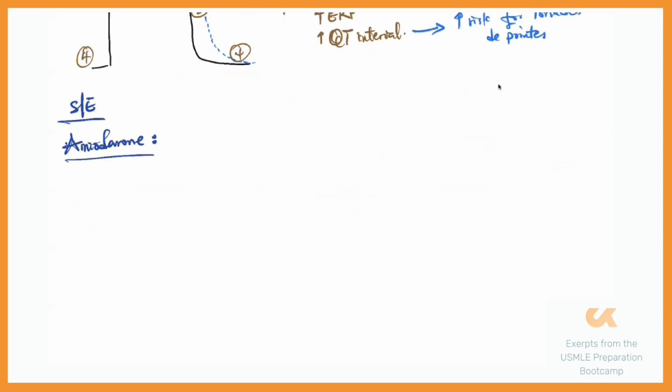When you look at the name amiodarone, you would see iode, this IOD right here. What that tells you is that there is an iodine molecule. That should remind you that amiodarone contains this iodine particle that could become problematic in the patient, actually. There are a number of side effects attributable to amiodarone. One of them is pulmonary fibrosis.